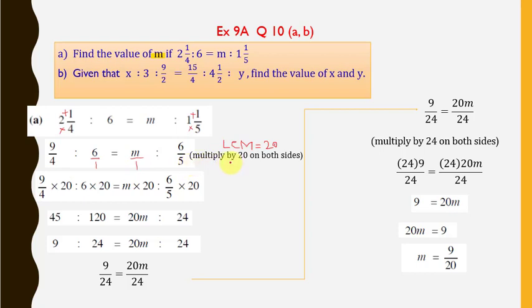Now we will multiply the LCM, which is 20, on both sides, on the right hand side as well as on the left hand side. So 9 by 4 into 20, 6 times 20, m into 20 and 6 by 5 into 20.